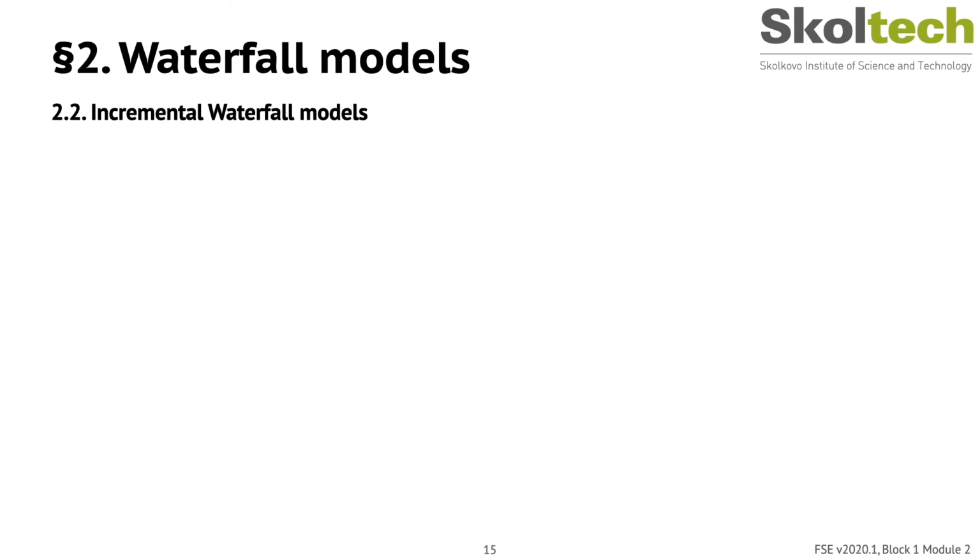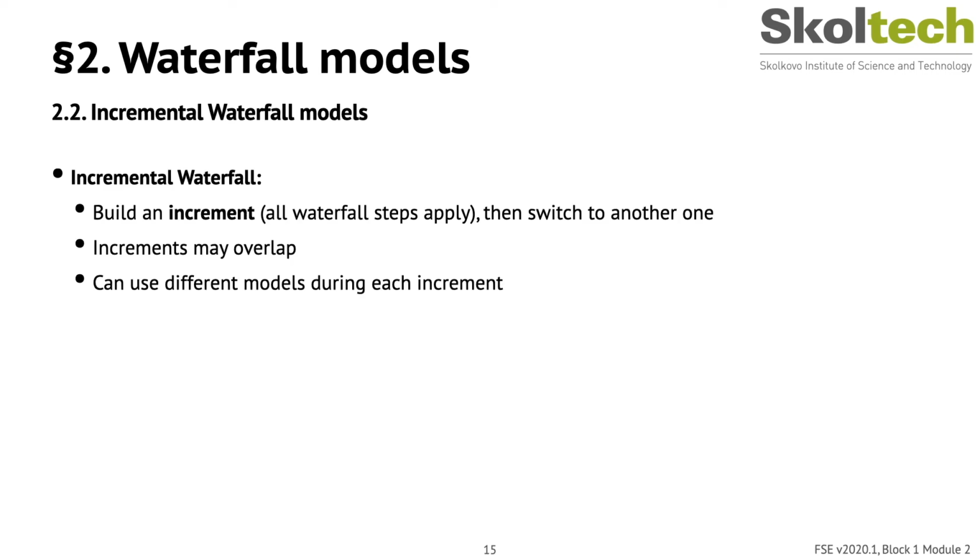So incremental waterfall models basically build an increment with all of the waterfall steps burnt into this increment, and then they switch to another one. So these increments are typically overlapping to allow for delivering the value earlier, and you can use different models for each of the increments.